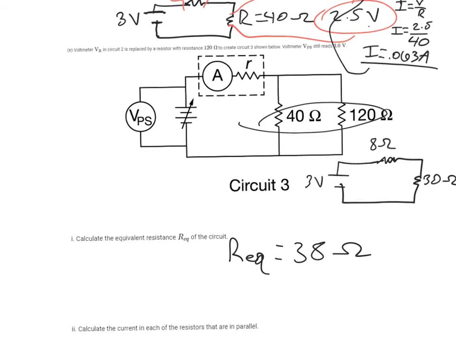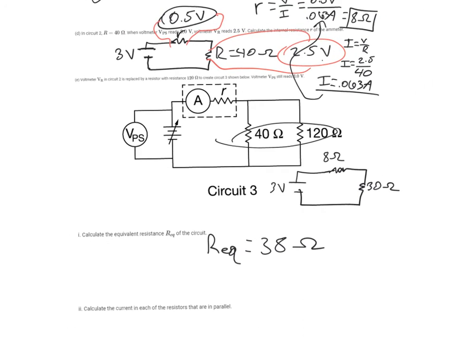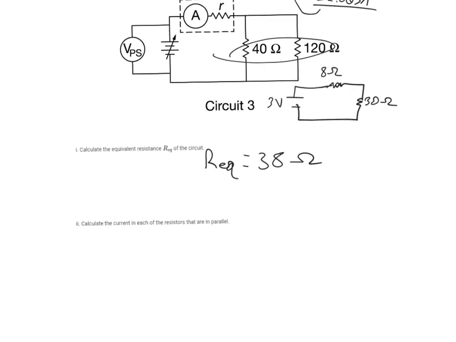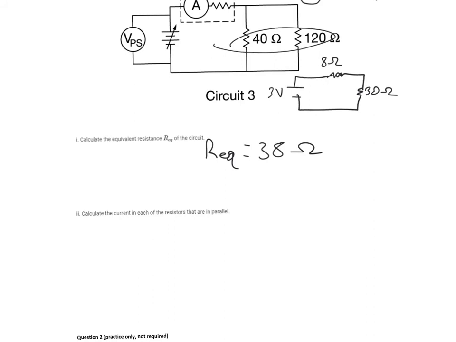All right, now take all that into account, and then it says calculate the current in each of the resistors that are in parallel. So you got to find the total resistance. Not total resistance. You need to find the total current so that you can find the individual currents through the branches.